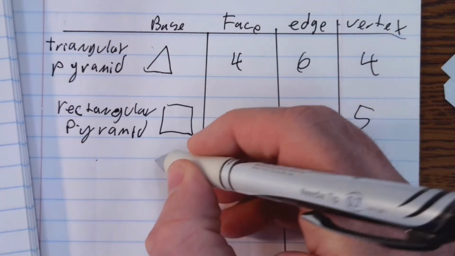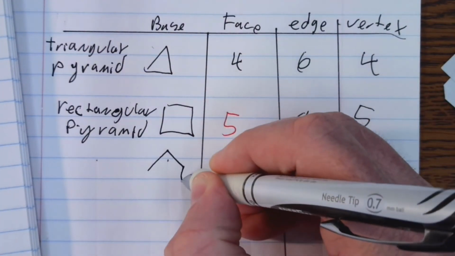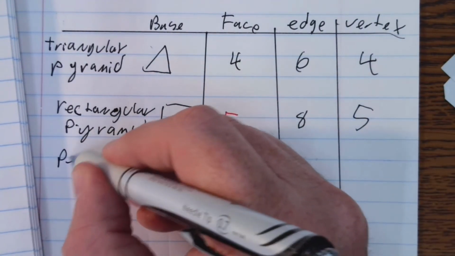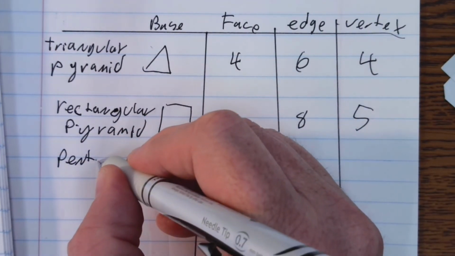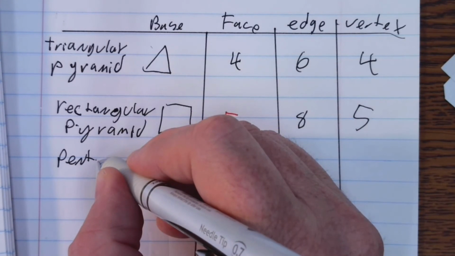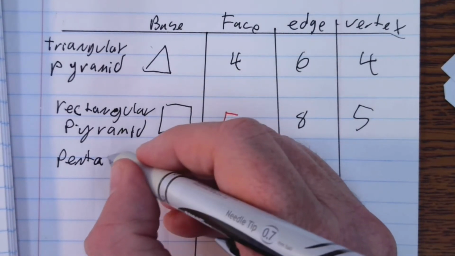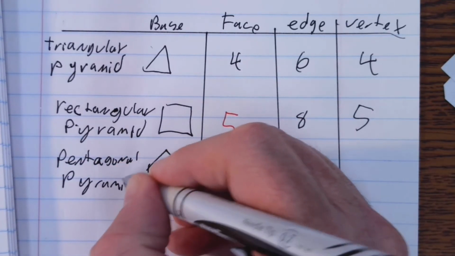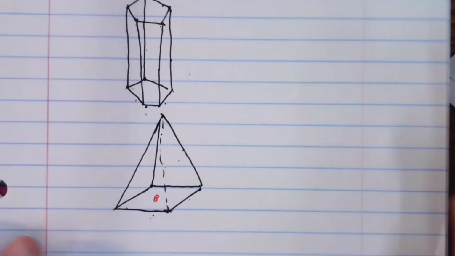All right, we're going to do one more, a pentagonal pyramid. All right, let's look at that one. Let's see if I can draw that one.